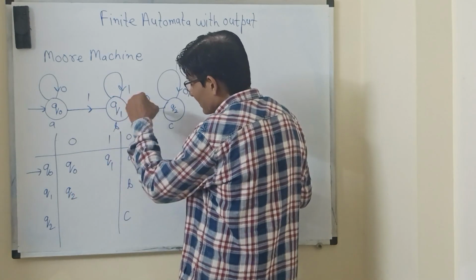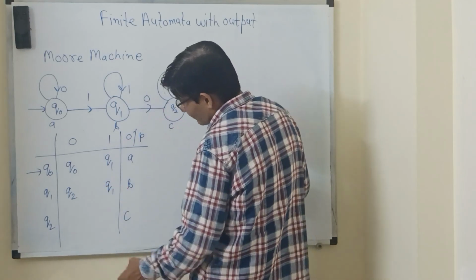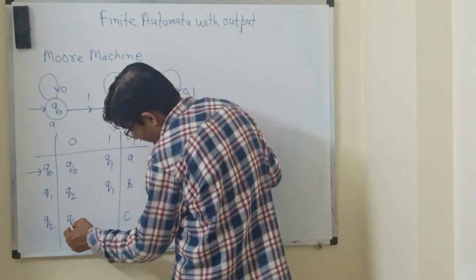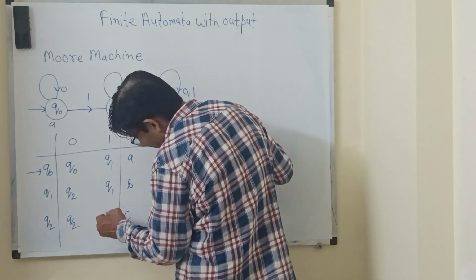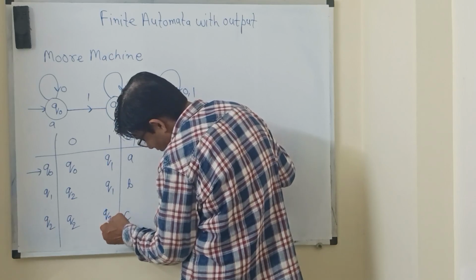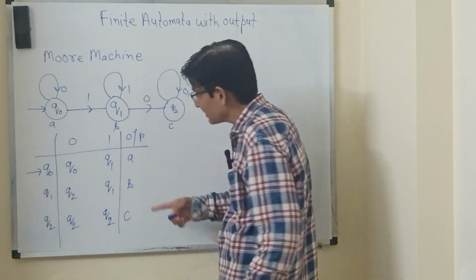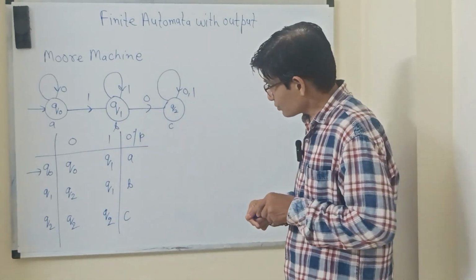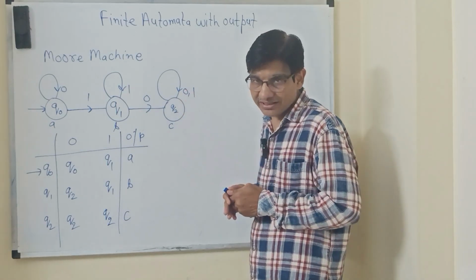On Q1, if we get 1, we stay on Q1. On Q2, if we get 0, we stay on Q2. On Q2, if we get 1, we again stay on Q2 itself. So this would be the table of this particular Moore machine. I hope it is very clear how to create the tabular representation.